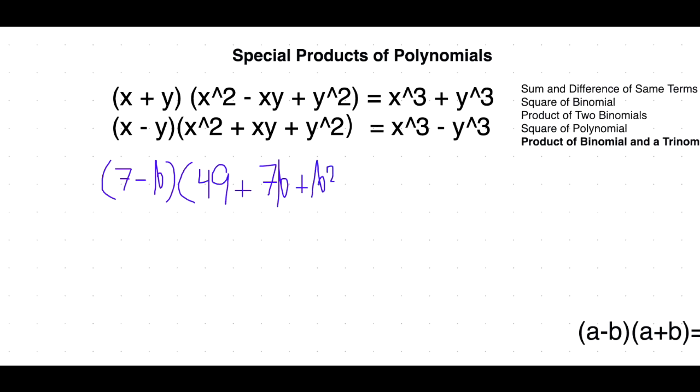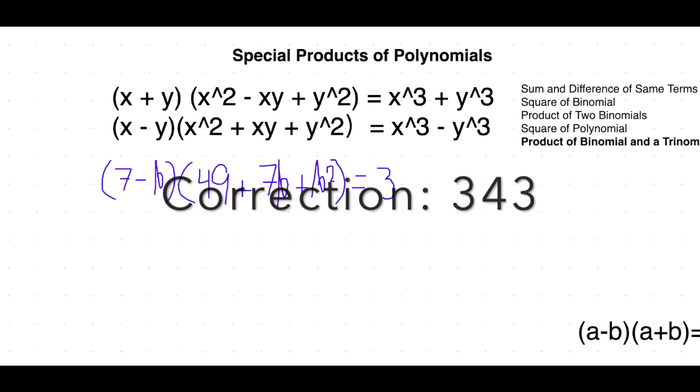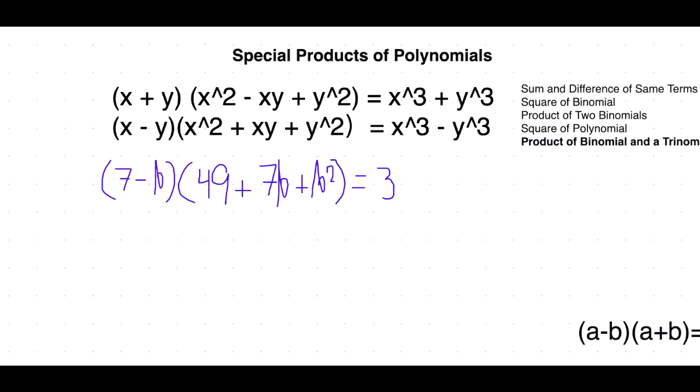And so we would know now that our answer will be equal to 7 cubed, which is equal to 343, because that's 7 times 7 times 7, minus b cubed.